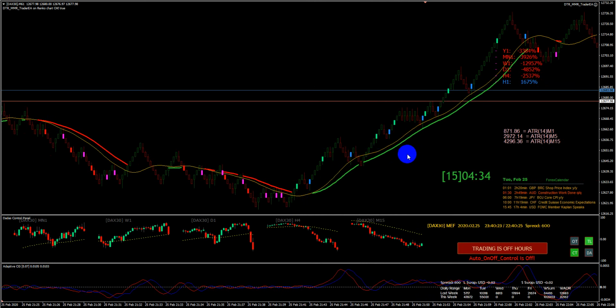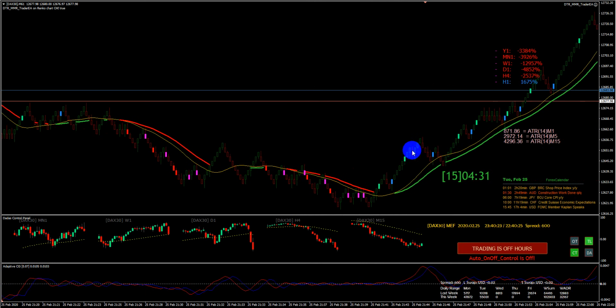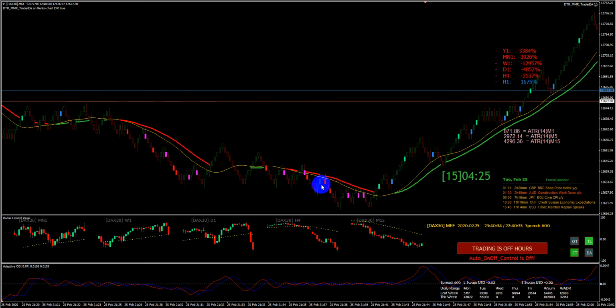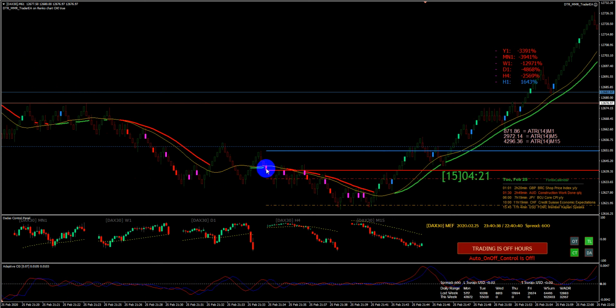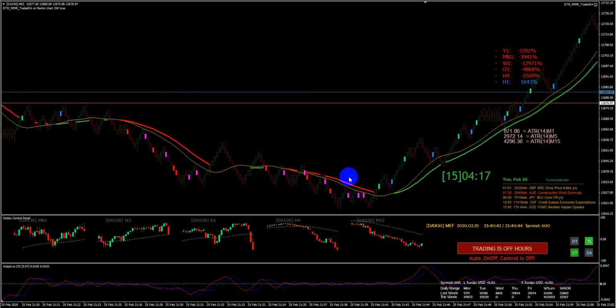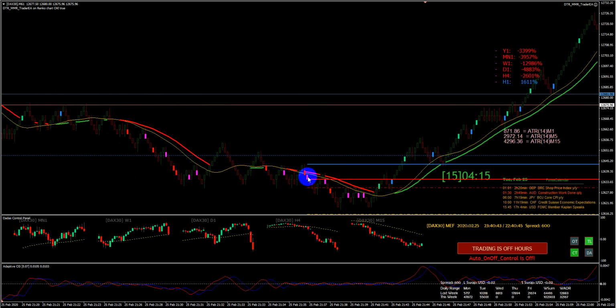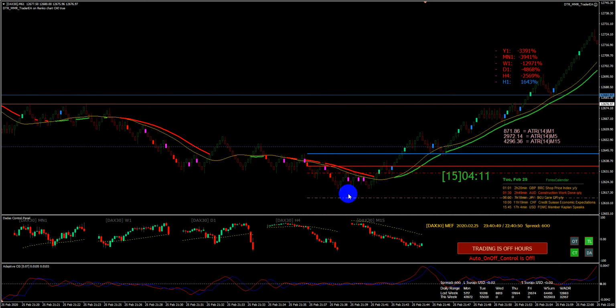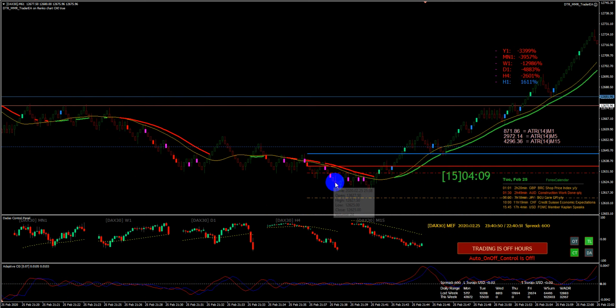So basically, these signals are very good, even though they're not perfect. For example, if you were thinking that the market is going down, then we have a signal right there, and this signal was good, right? But then if we look at this signal, it's not that good already, even though there is enough room for the expert advisor to do its job.